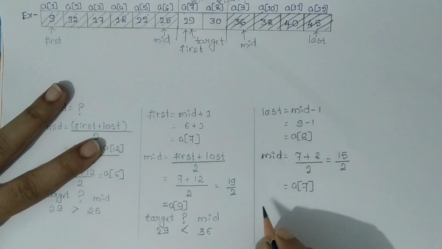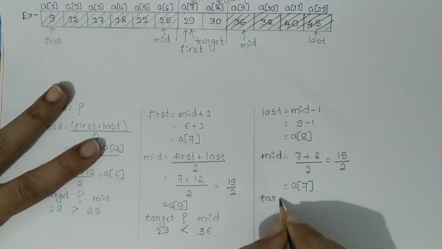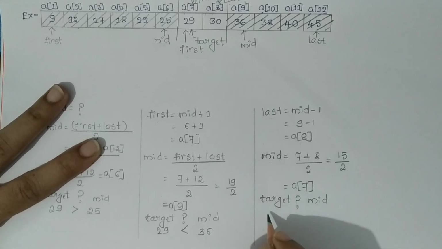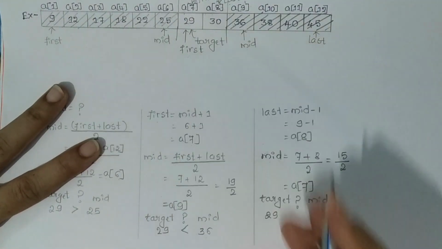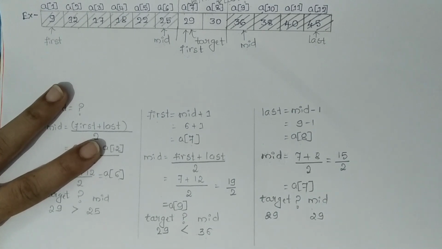Now compare target value with the middle value. Target value is 29 and middle value of the list is 29. Compare these two.